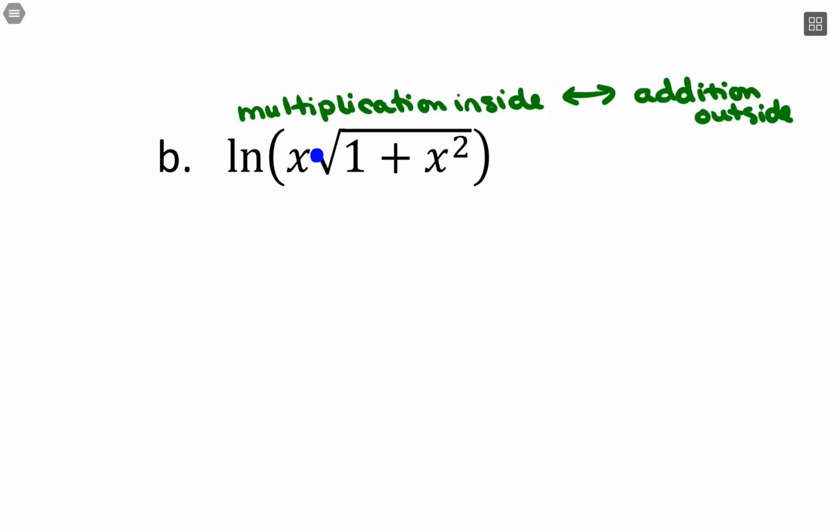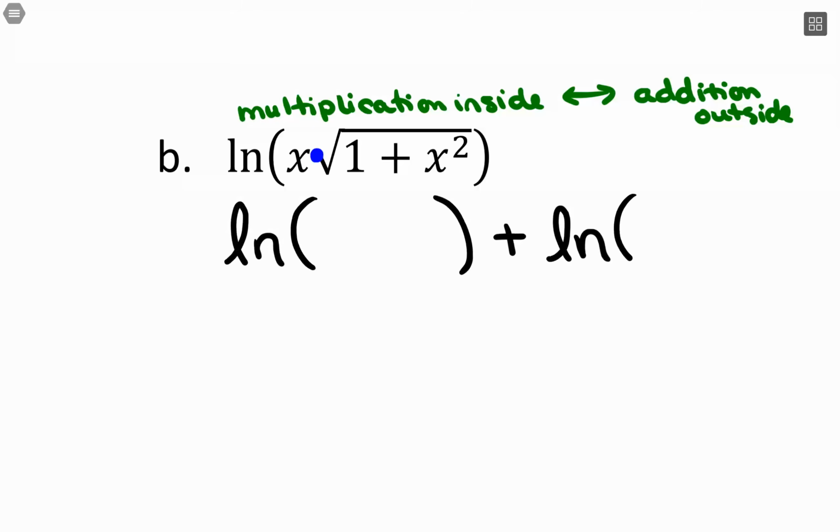So what I'm going to do is split up the logarithm, so we're using a natural log. So we'll have natural log plus natural log. So that's how we can split up with multiplication. And then what we do is we use the separate factors. So we have a factor of x, and we have a factor of that radical expression. So we have x, and then this square root of 1 plus x squared.